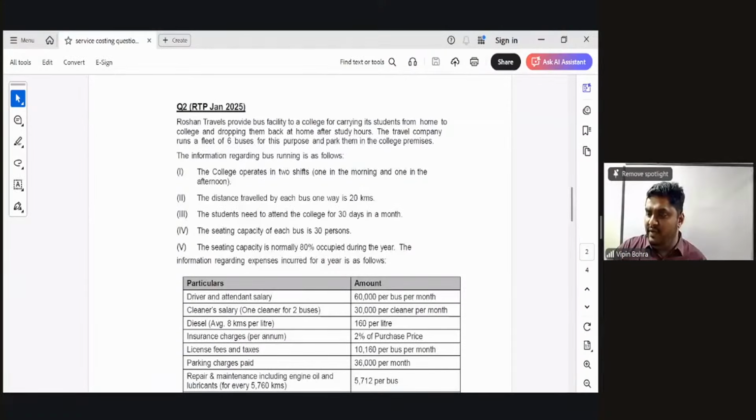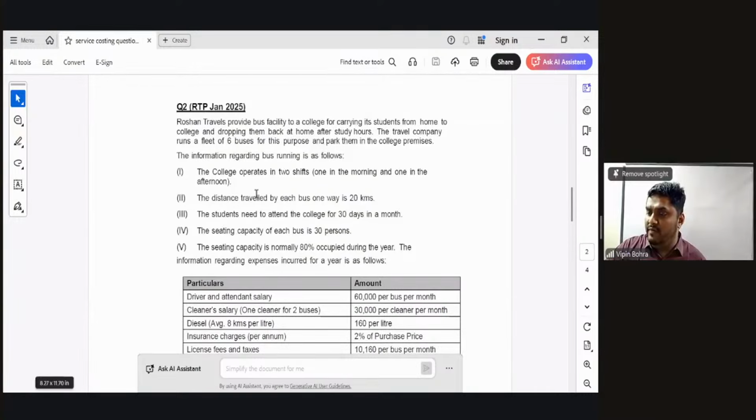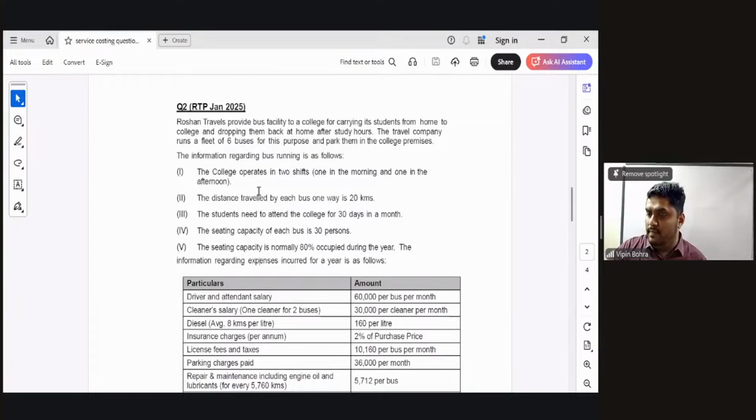A similar question is there in the study material, but yes, the format and the question pattern is a bit different. Those who are not able to download, you can take a screenshot of question number 2, RTP January 2025.